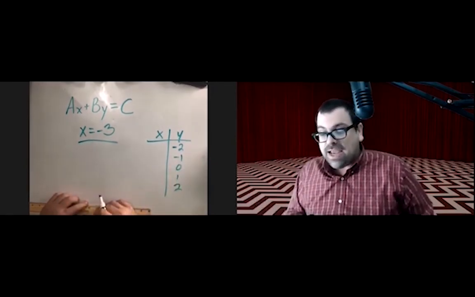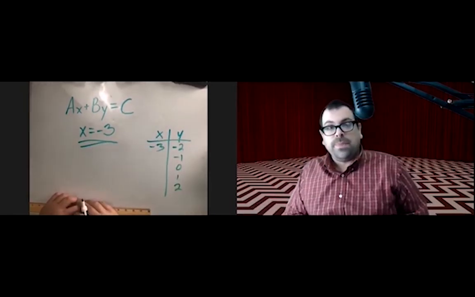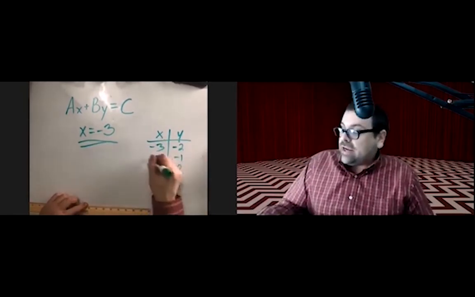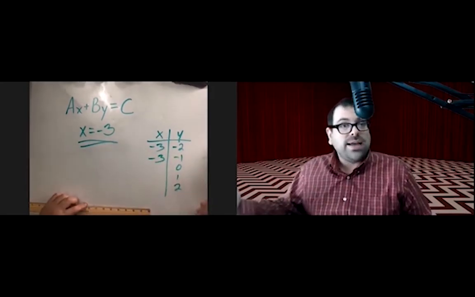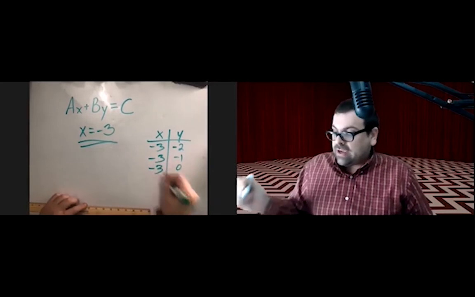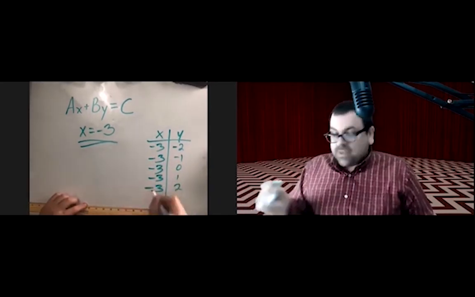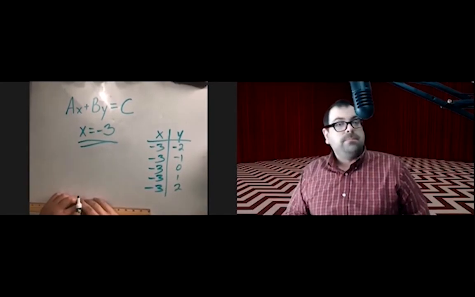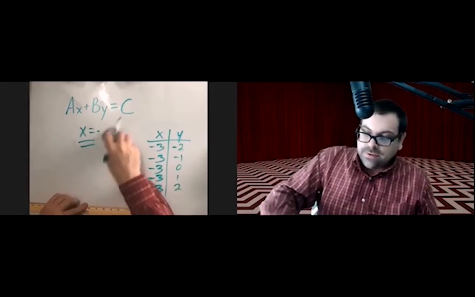x equals -3 is this problem's y equals 2. So when y is -2, x equals -3. When y is -1, x is -3. When y is 0, x is -3. x is -3, x is -3. Let's graph these points.